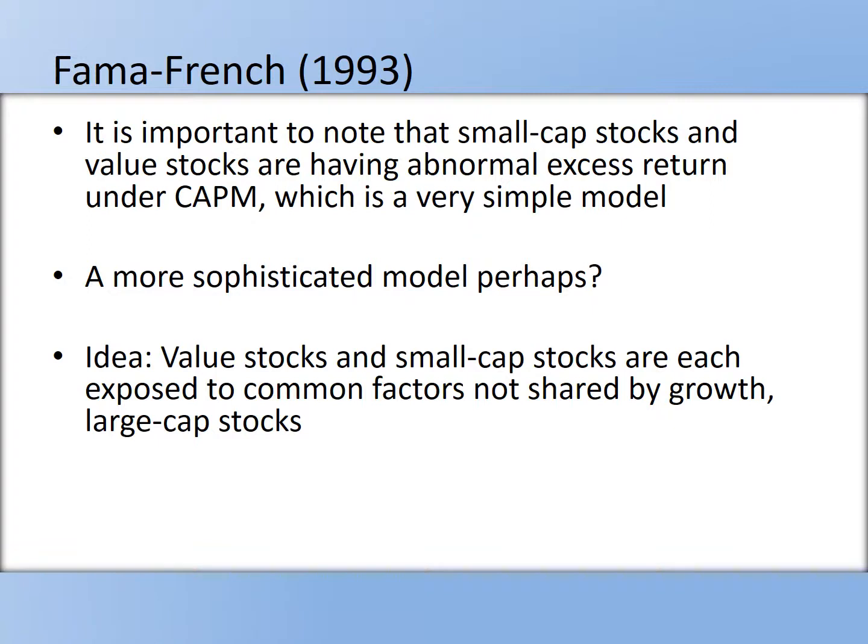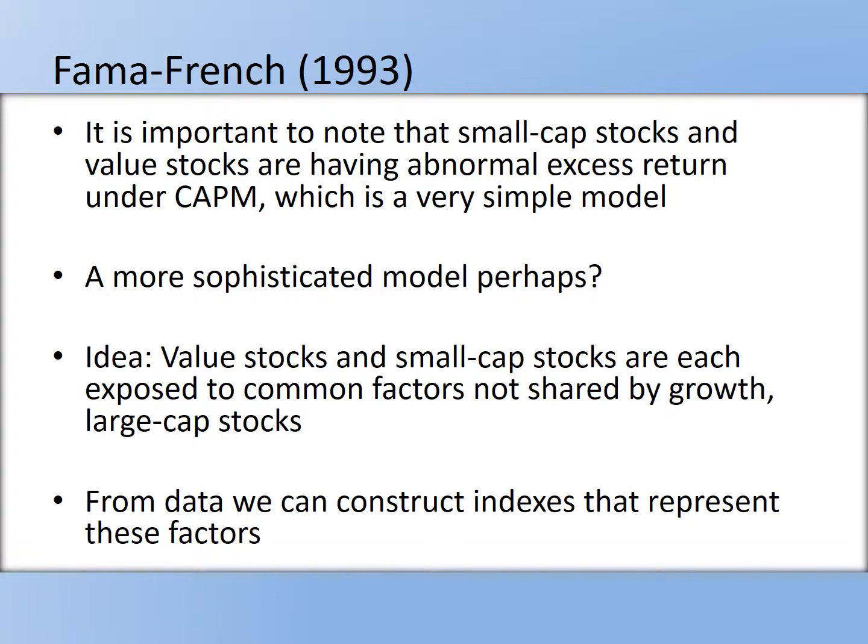So the market discounts the book value, which leads to a lower market value and a higher book to market ratio. Similarly, small stocks are probably newer companies, so they have higher risk. So that's the idea. And Fama-French from 1993 attempts to construct two indices that capture these factors.